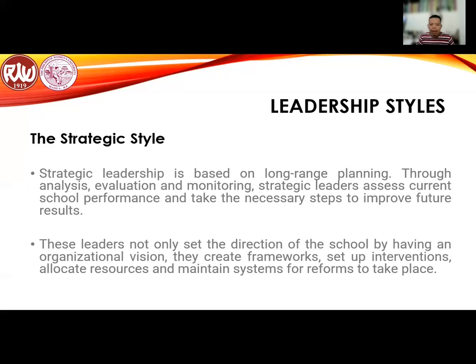And these leaders not only set the direction of the school by having an organizational vision, they create frameworks, set up interventions, allocate resources, and maintain systems for reforms to take place.